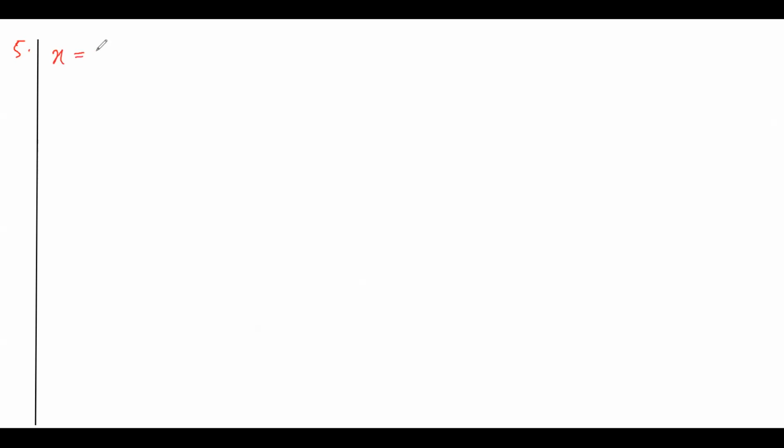x equals cos t, y equals sin t. Attempt that.